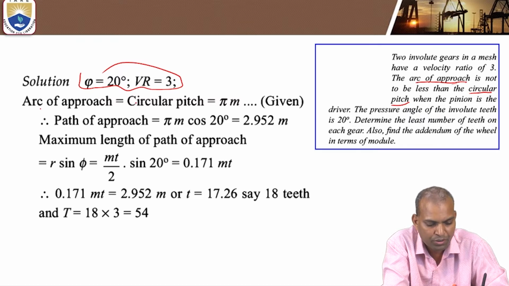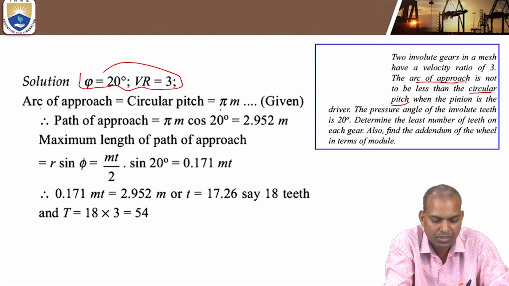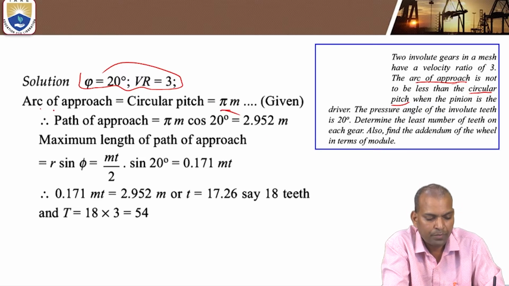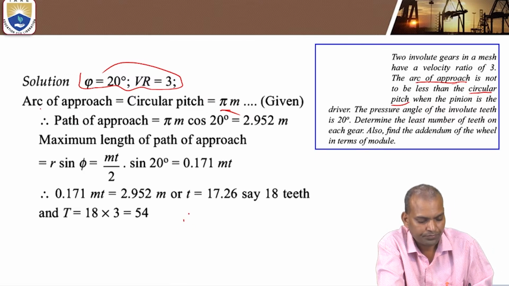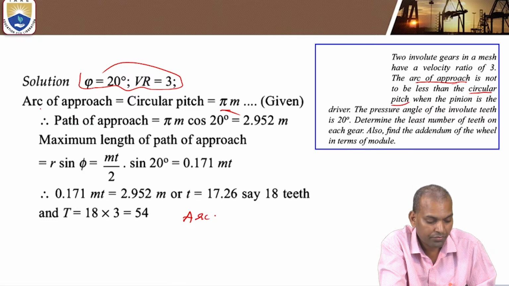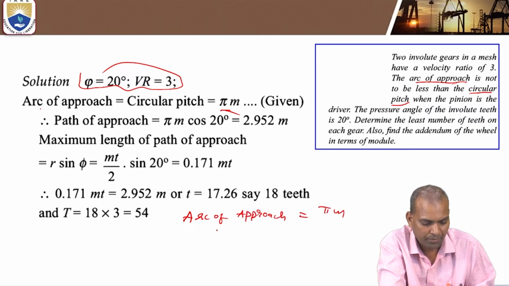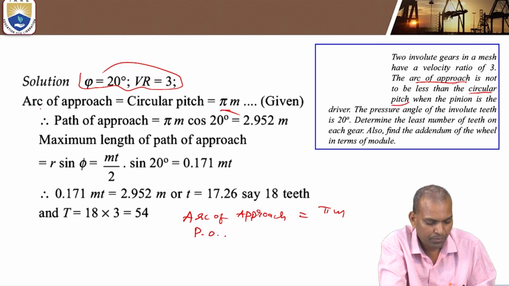Now, arc of approach equal to circular pitch, that is pi times m. Now, arc of approach equal to path of approach by cos phi. So, arc of approach equal to circular pitch pi m. That is path of approach by cos phi equal to pi times m.